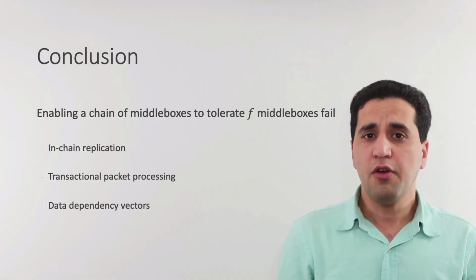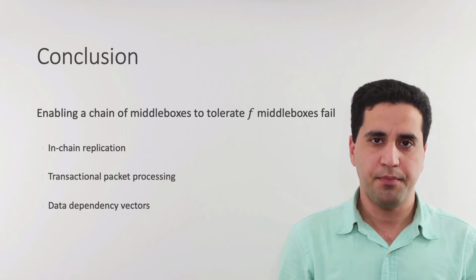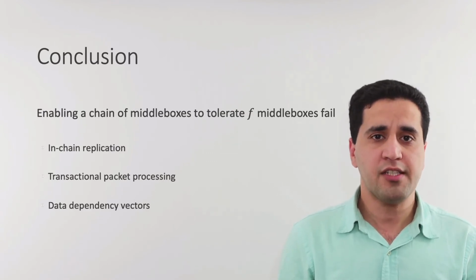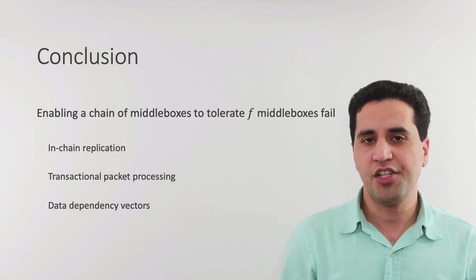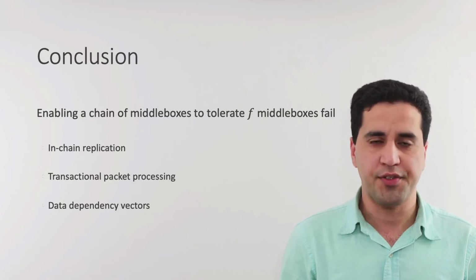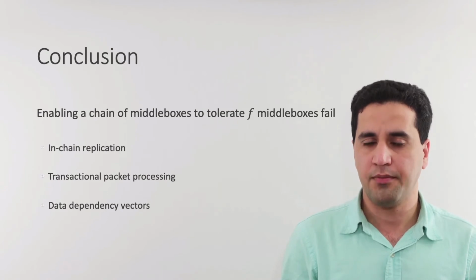Providing fault tolerance for a chain of middleboxes is becoming increasingly important. FTC substantially improves the efficiency of existing solutions by treating the entire chain as a fault-tolerant unit instead of making individual middleboxes fault-tolerant. FTC introduces two optimizations to improve the operation of a fault-tolerant chain.